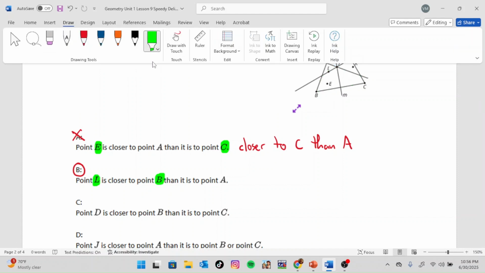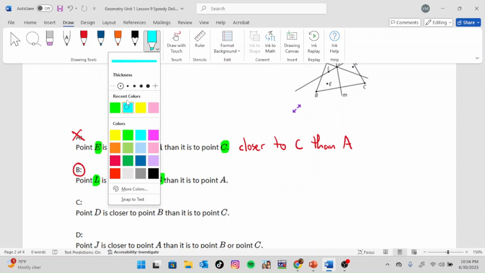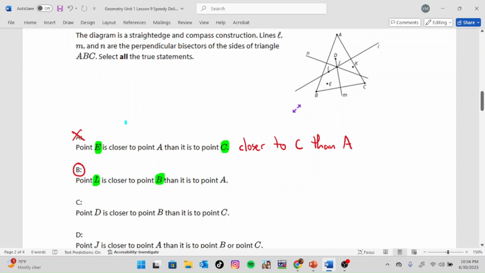Let's look at option C. Point D is closer to point B than it is to point C. Well, if we're comparing point B and C, then that means line M is the perpendicular bisector.